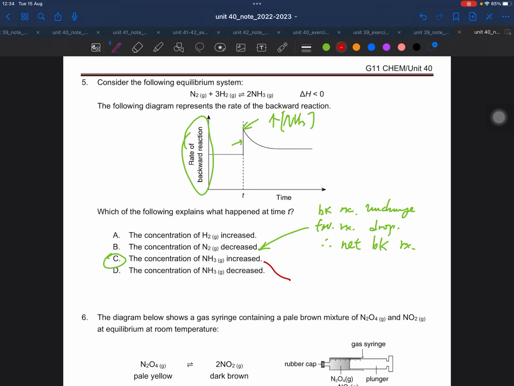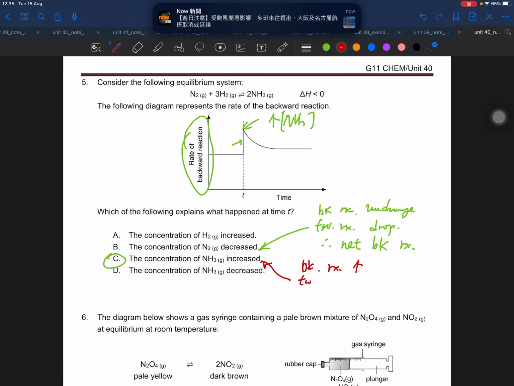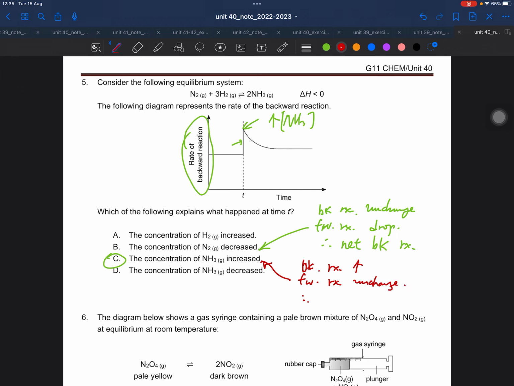The difference is, this one for C is the backward reaction increases, but the forward reaction is unchanged. So net backward reaction.